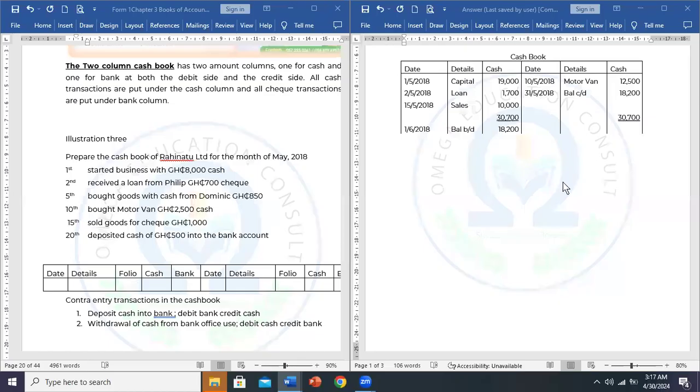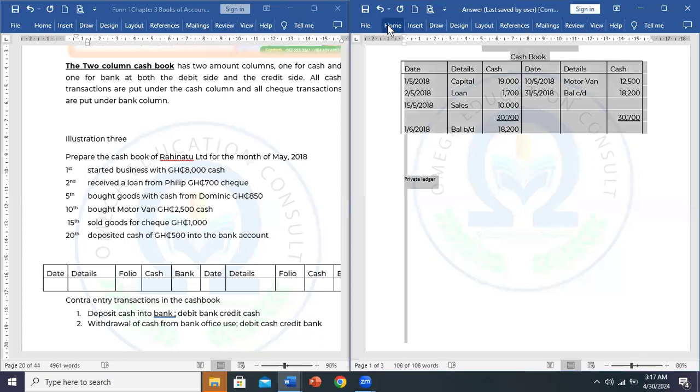So, reaching the point, our first transaction is about capital. And based on what we have just said, capital would go into which ledger? Definitely the private ledger. So you just write your heading, private ledger. Let me increase my font size so it's simple.